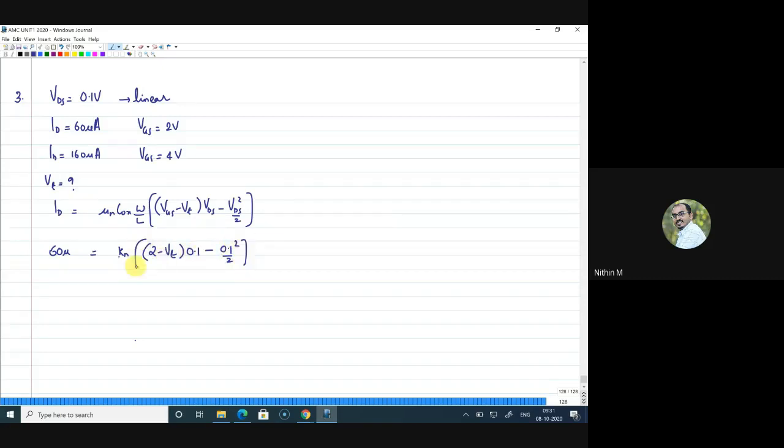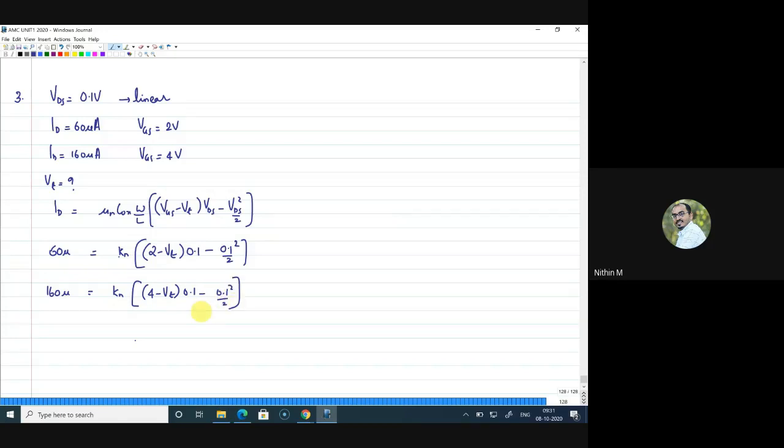This is one equation. The other equation is 160 microamps equal to Kn into 4 minus VT into 0.1 minus 0.1 square by 2.